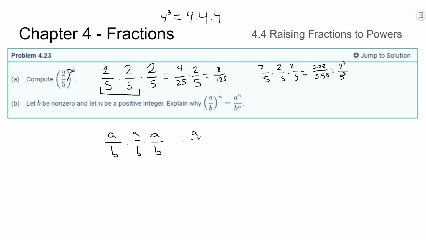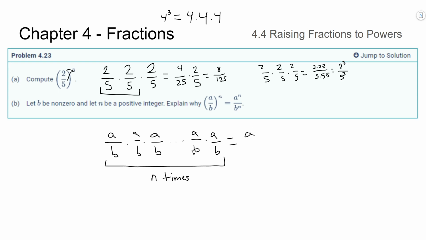And a over b times a over b, right? And all this is going to happen n times. And so what we're going to get out of here is a times a times a times a times a, n times.